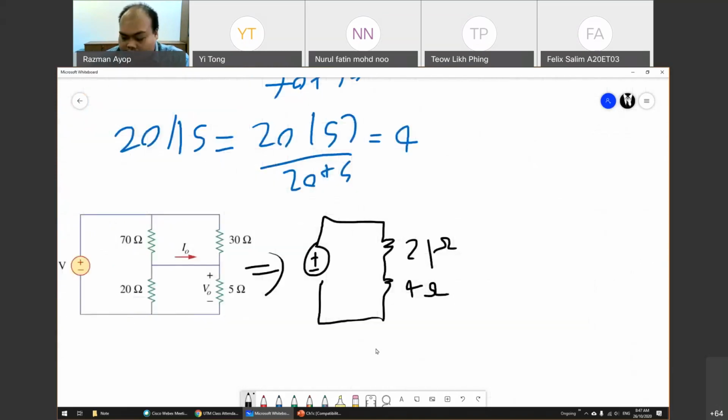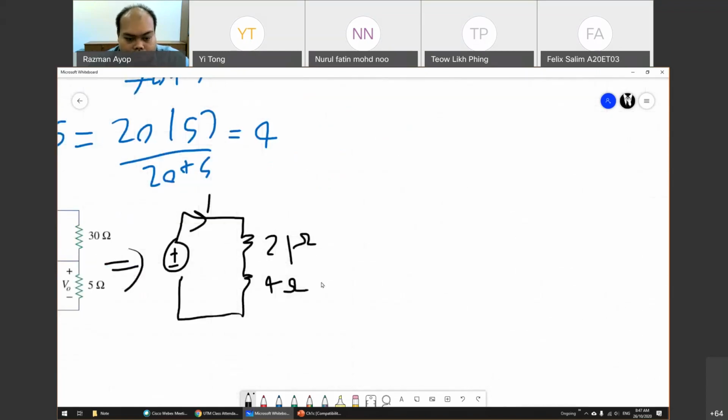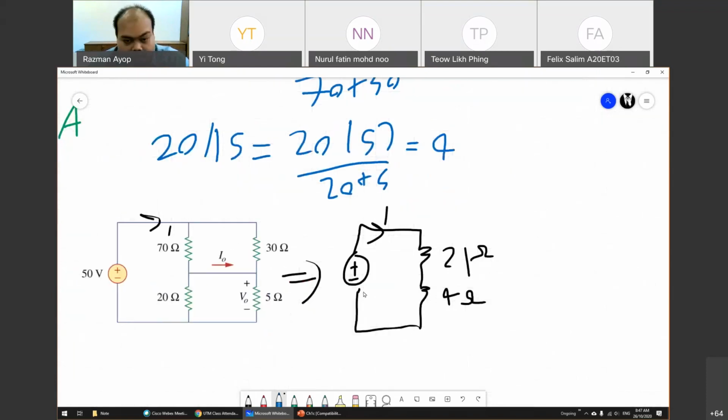Then you can get the current. You have to find the current I first. This one is in series, so you just add them, and the source voltage is 50 volt.